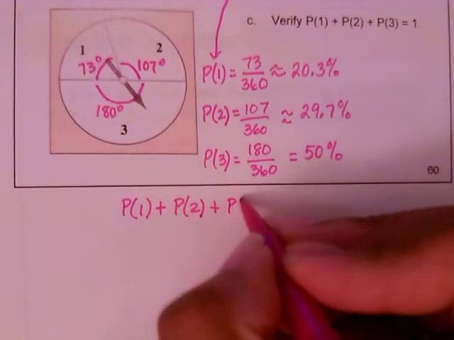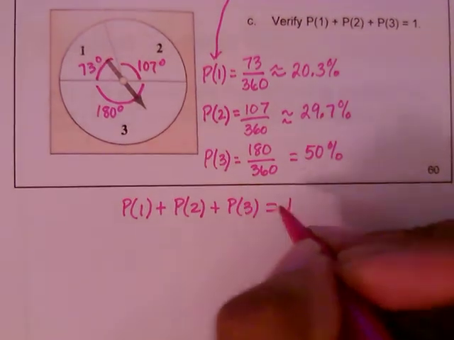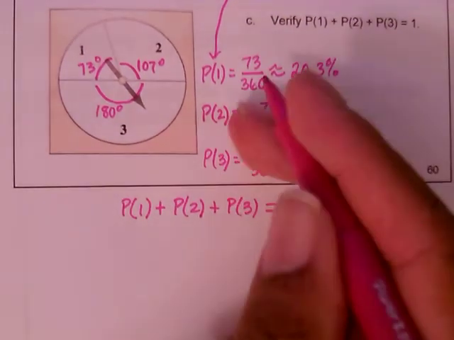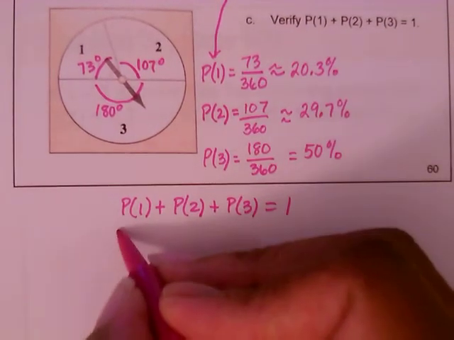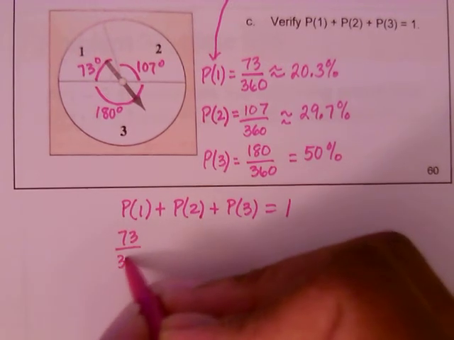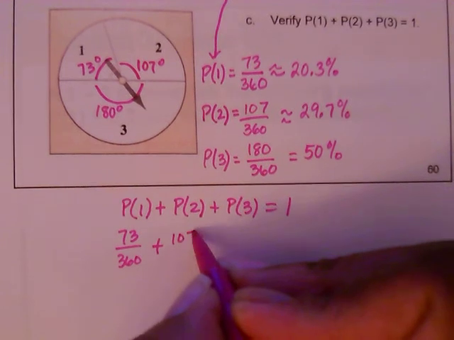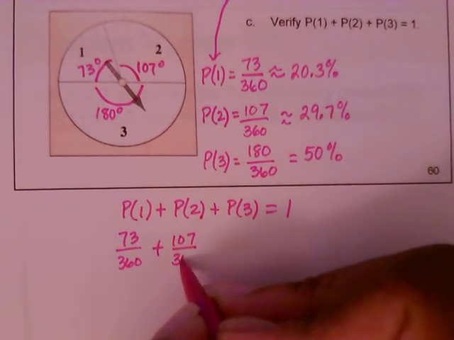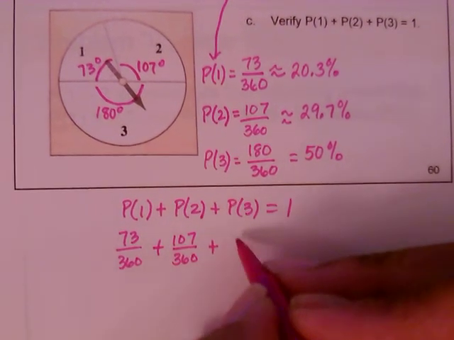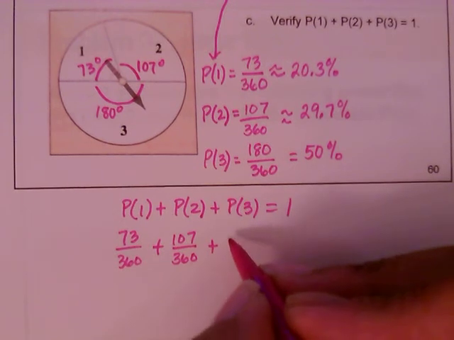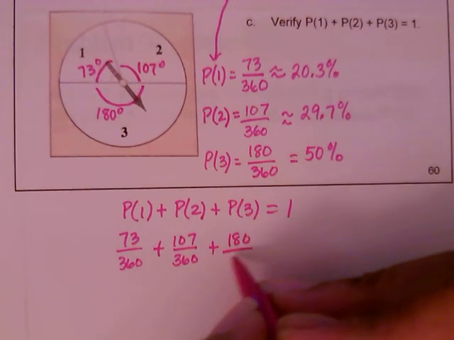Well, the probability of event 1, and I'm going to use these fractions here, that's 73 over 360. Plus the probability of event 2, that was 107 over 360. Plus the probability of event 3 occurring, spinning a 3, 180 over 360. Those sums have to be equal to 1.